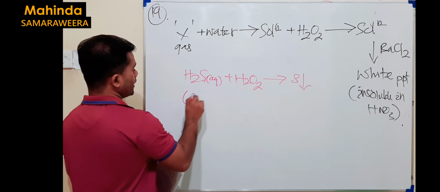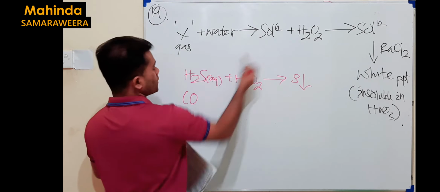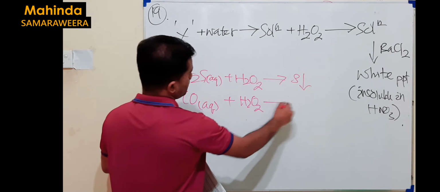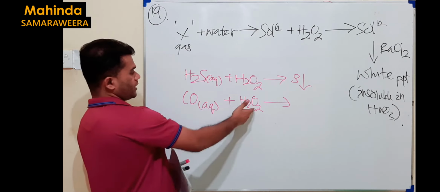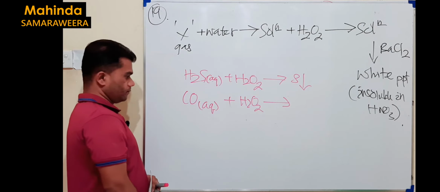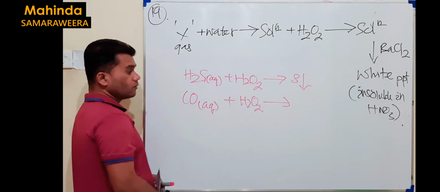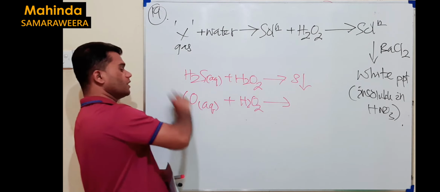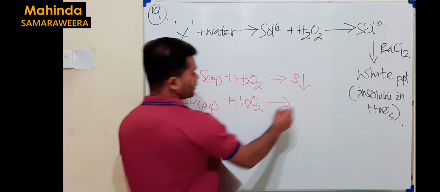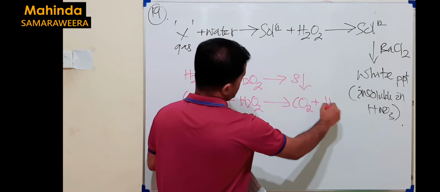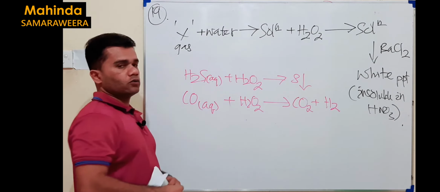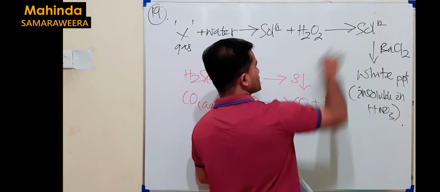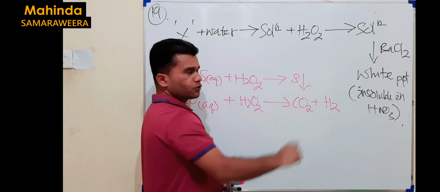Next, carbon monoxide. Carbon monoxide aqueous plus hydrogen peroxide. In this case, hydrogen peroxide can oxidize this to carbon dioxide. In the primary stage, this goes to hydroxyl, but hydroxyl will oxidize carbon monoxide to carbon dioxide. The other product is hydrogen. Anyway, carbon dioxide is formed. Then the solution is carbonate actually.